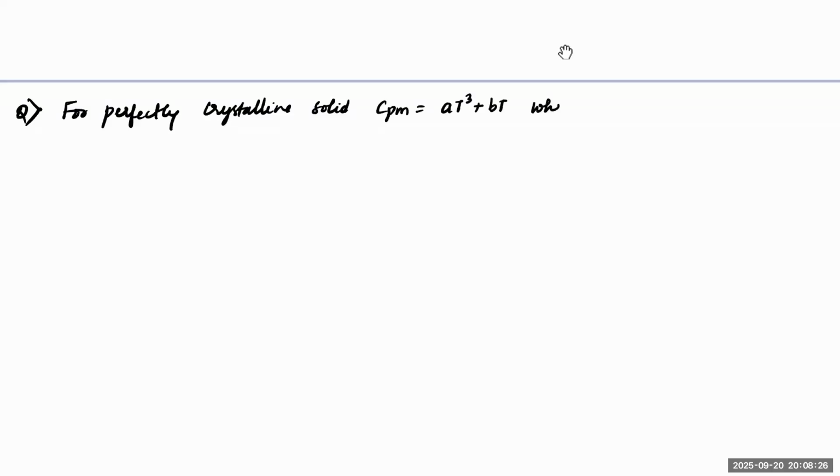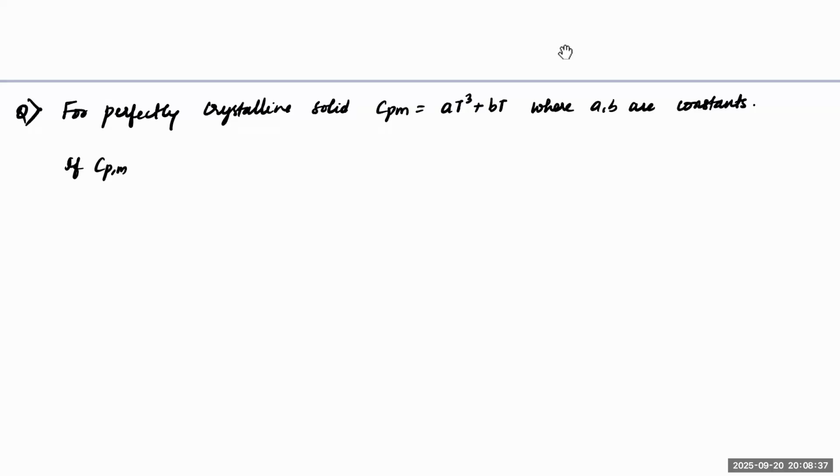Let's do the next one. For a perfectly crystalline solid, CPM value was given as AT cube plus BT, where A and B are constants.